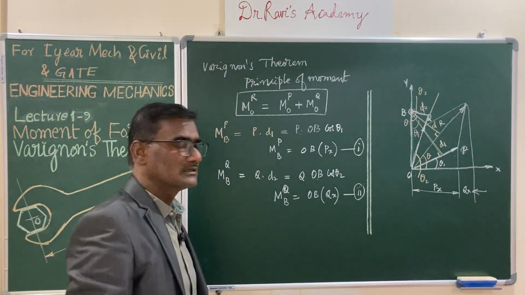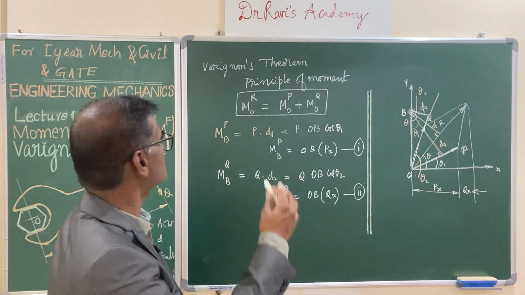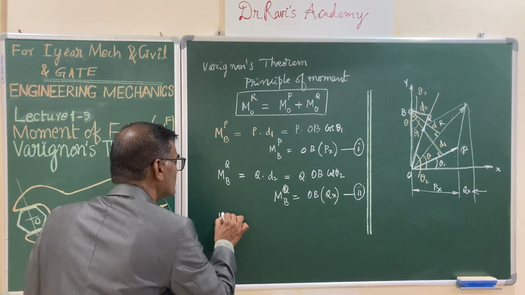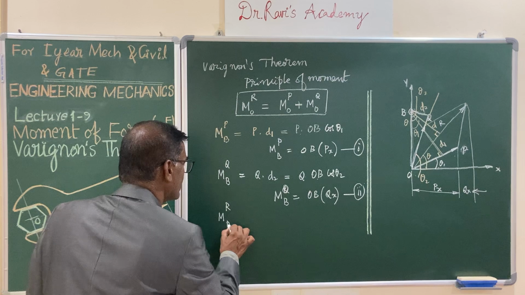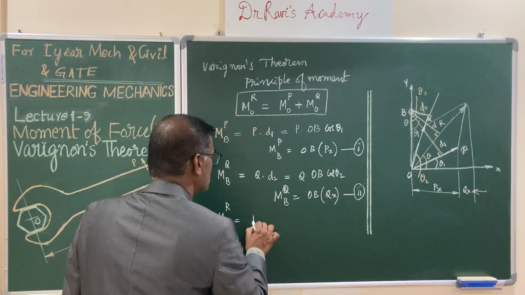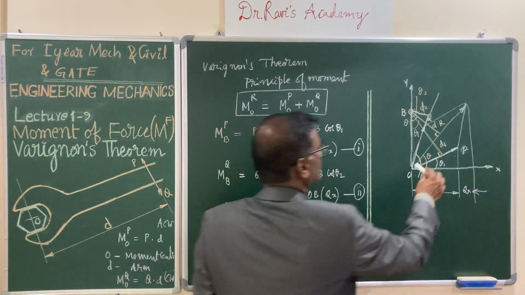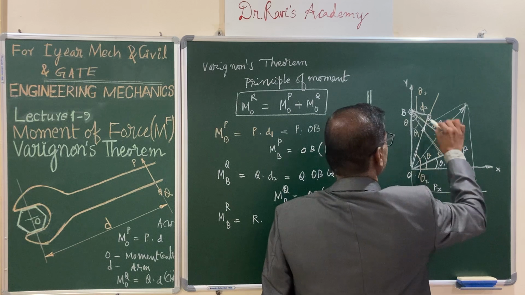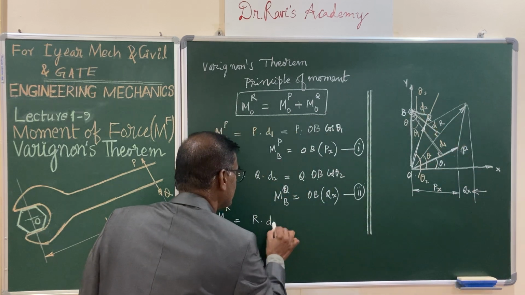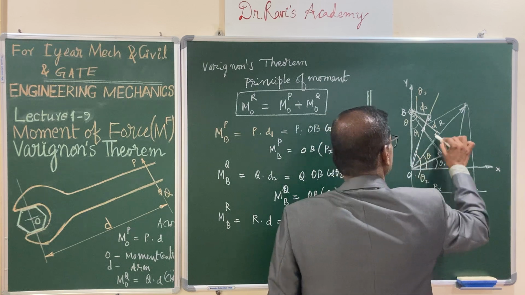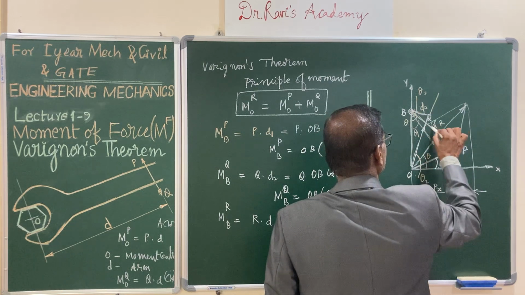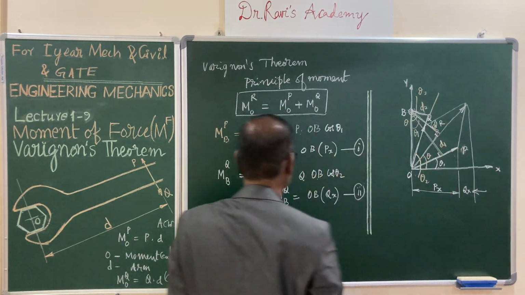And lastly, the third equation, the moment of the resultant force R about the same point B is equal to R into D, where the moment arm is D. And D you can replace from this right triangle with OB cos theta.